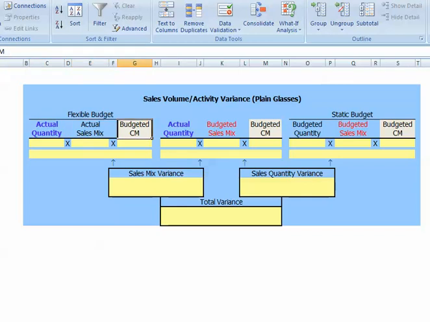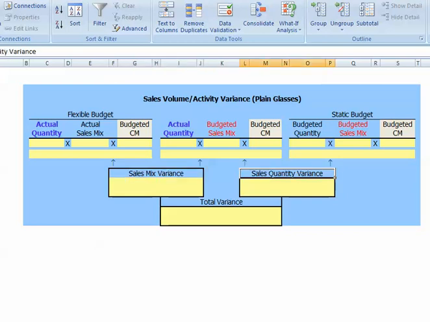And if we compare the difference between our flexible budget and our center column, we see the only thing that differs is not the actual quantity, it appears in both. The budgeted contribution margin appears in both. The only thing that differs between these columns is going to be our actual sales mix versus our budgeted. So in comparing this center column with our flexible budget, we can calculate how much of our variance in revenues between our static and flexible budget was due to a change in the sales mix.